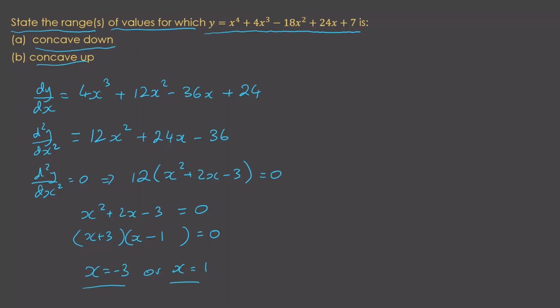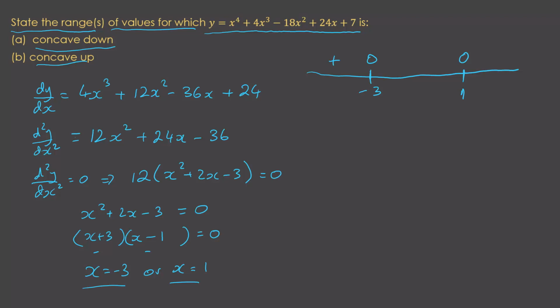Okay, so if we have a number line here, and I put -3 here and 1 here, we know that d²y/dx² is 0 at those two points. So what happens if we go to the left of -3, say -4? If I put in -4, that will be negative and that will be negative, so overall it's going to be positive.